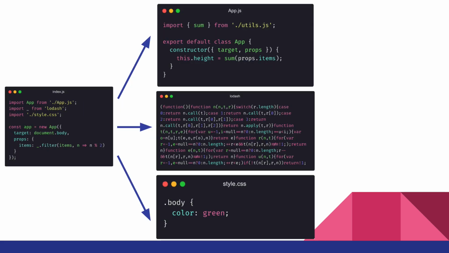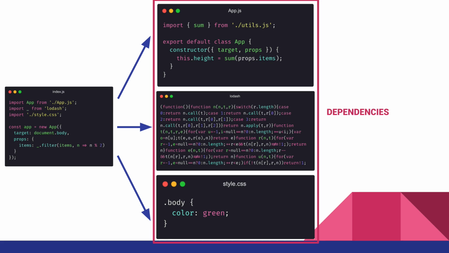Yes. So in any web application, there's always a starting point. It's the first module to run, and usually it's the one that imports other modules and runs them. So the starting module depends on these modules, so we can call these modules the dependencies of the starting module, right?